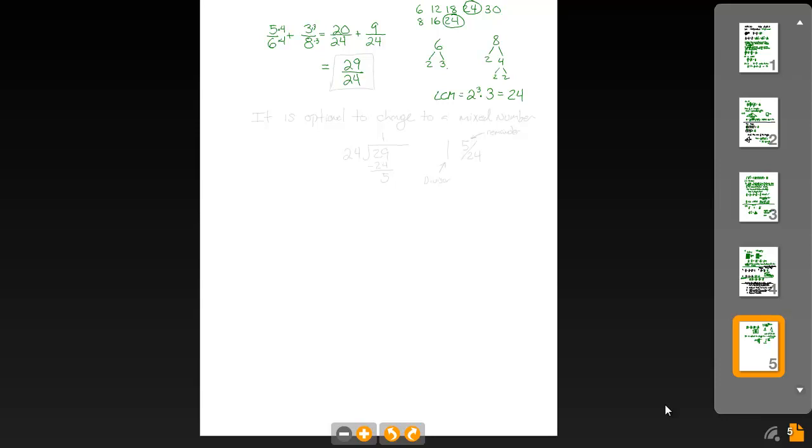It's already reduced, so it's optional if you want to go where Carrie went. Where Carrie went is it's 1 and 5/24. We might as well mention that now.